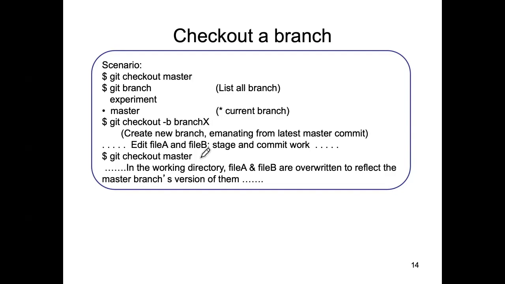And that's kind of confirmation that when you switch branches using the checkout command, your working directory is overwritten or changed. If I want to see the file A and file B edits, then I just simply do a git checkout branch X. And now my working directory has the edits in it.